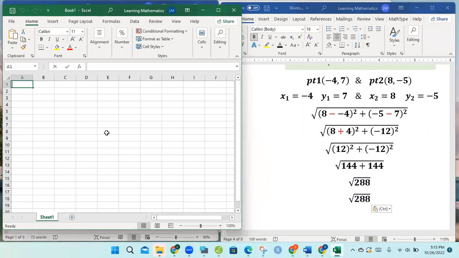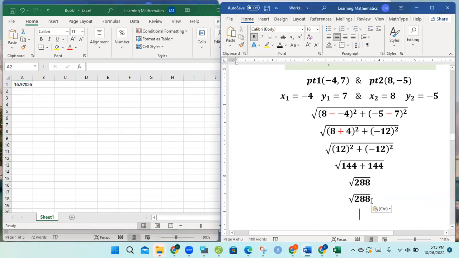We can use our calculator, square root of 288, equals 16.971. So we end up with 16.971, because after the 1 is a 0 and there's a 5, so 16.971 units length of line.